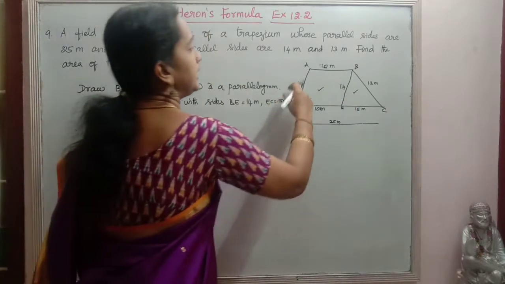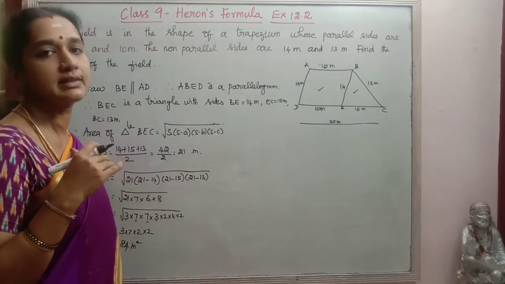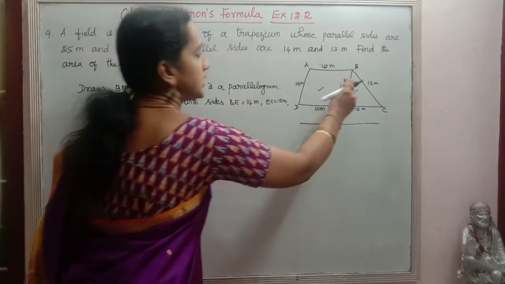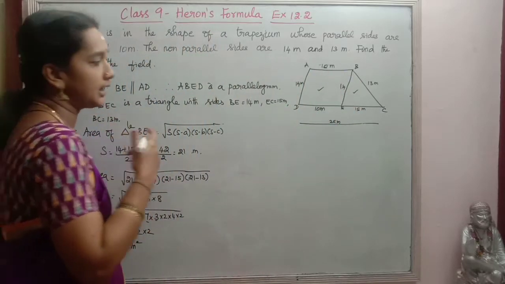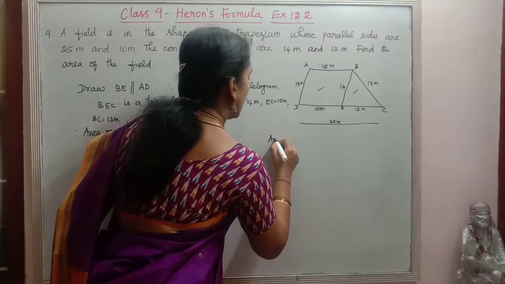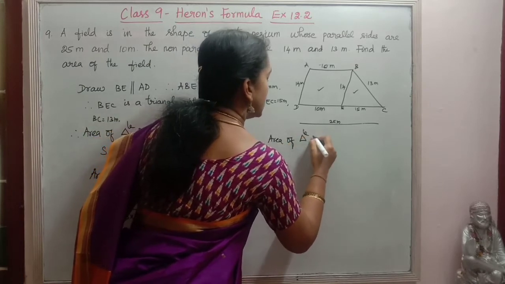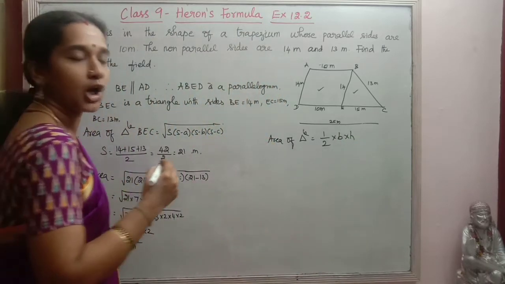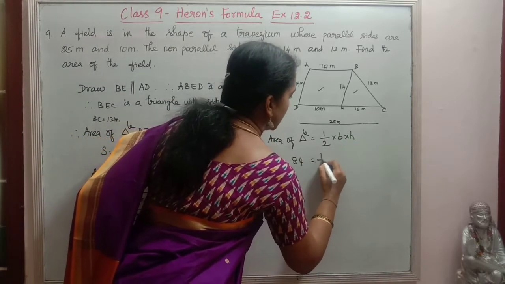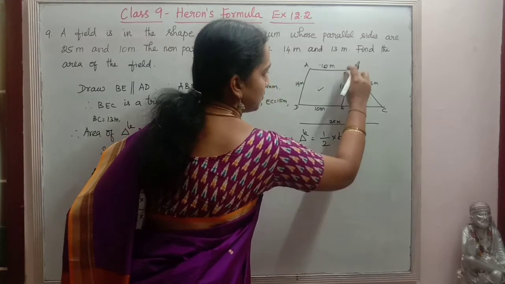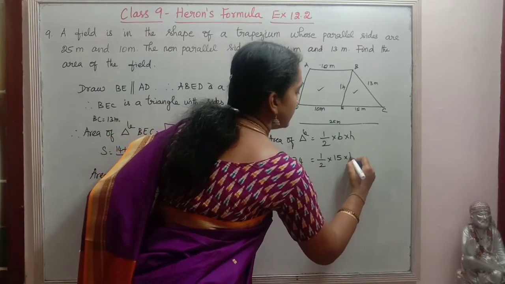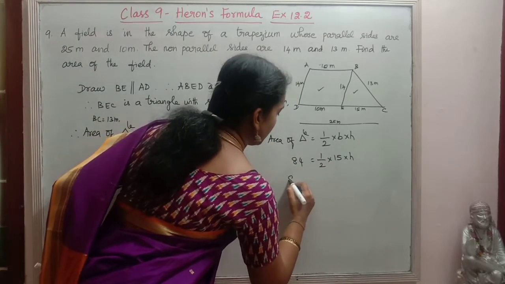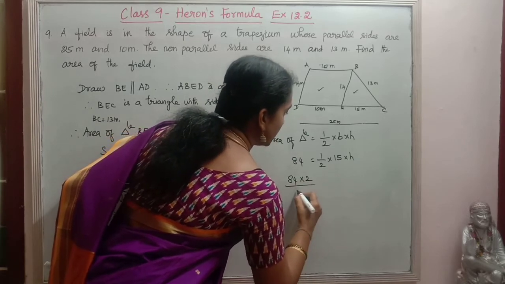For finding the area of the parallelogram, we need base and height. The base we can take as 10, but we need the height. So we use the area of triangle formula to find the height. Area of triangle is half into base into height. We got 84, so 84 is equal to 1 by 2 into 15, the base of this triangle, into height. So height is 84 into 2 by 15.